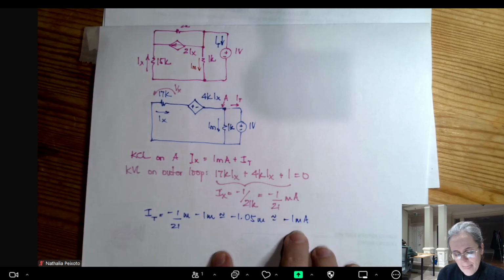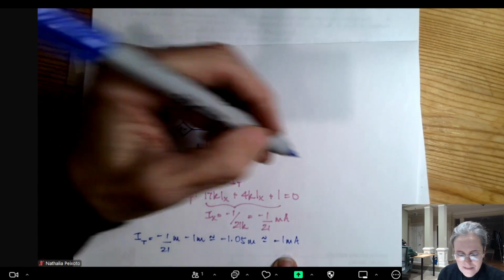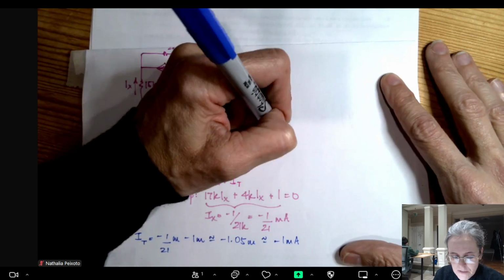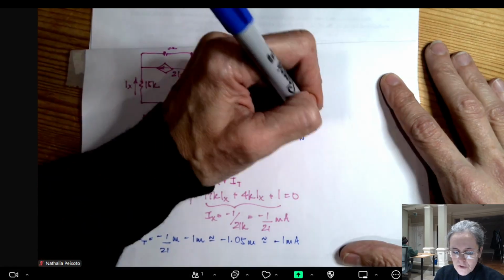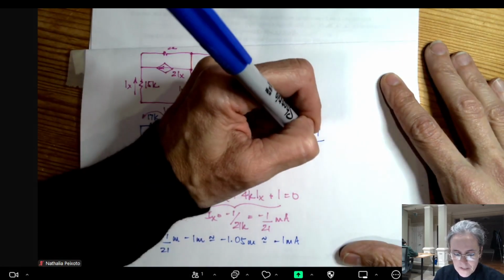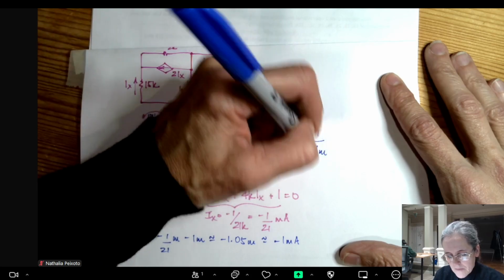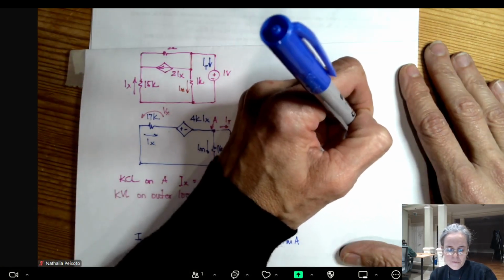So IT is about 1 milliamp in magnitude. Finally, these are the two numbers we need to find the resistance. The Thevenin resistance, which is the same as the Norton resistance, is this 1 volt divided by the minus 1 milliamp, but really it's the absolute value of this. So this is approximately 1 kilo ohm.